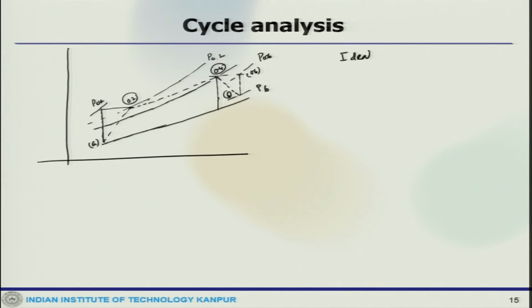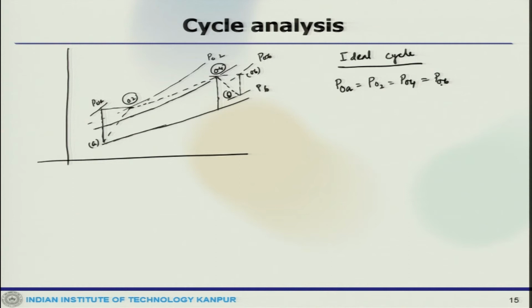ideal cycle. Now, when you look at the ideal cycle, this is the previous TS diagram that we have. In the ideal cycle, the total pressure is constant in the cycle. So, P naught A is P naught 2 is P naught 4, which is P naught 6.